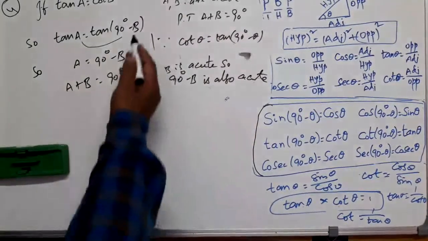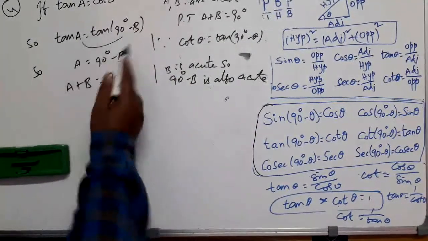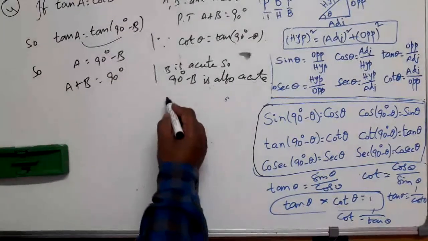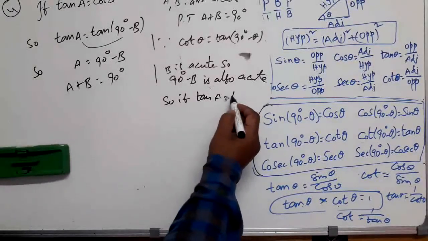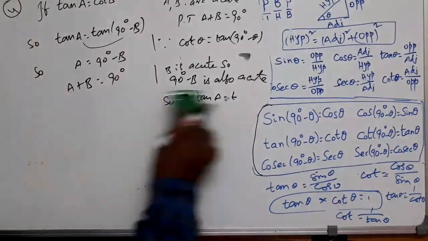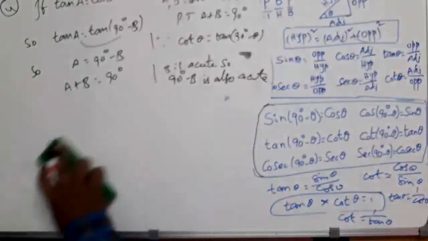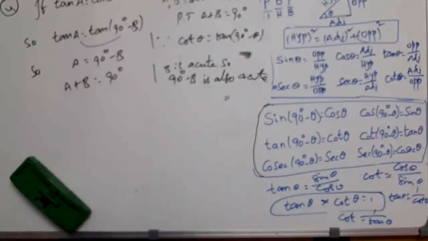Alright, that's why you can have these relations. So if tan A is equal to tan B, angle A is equal to angle B. That's the relation we have used. So this is question number 4. Next, question number 5.